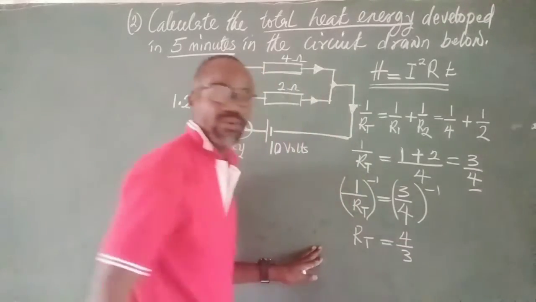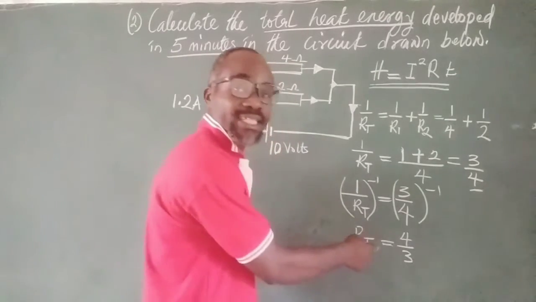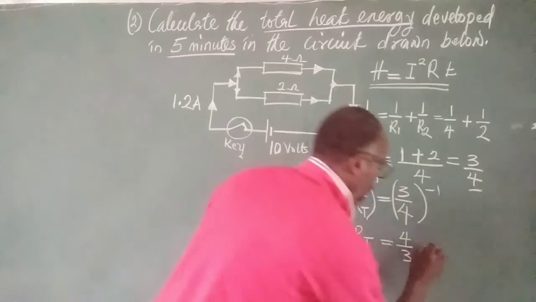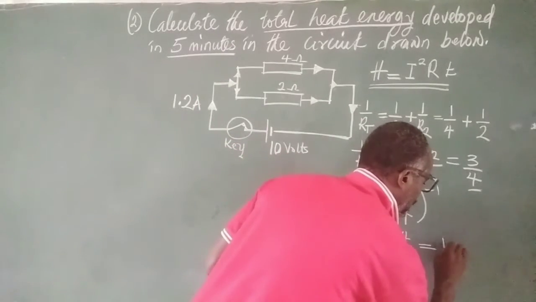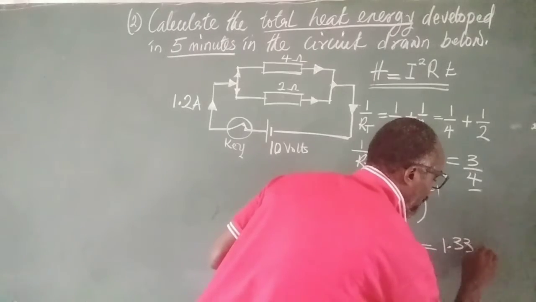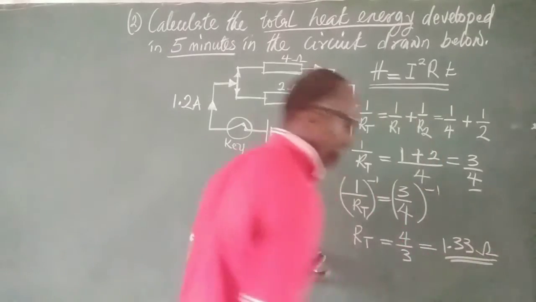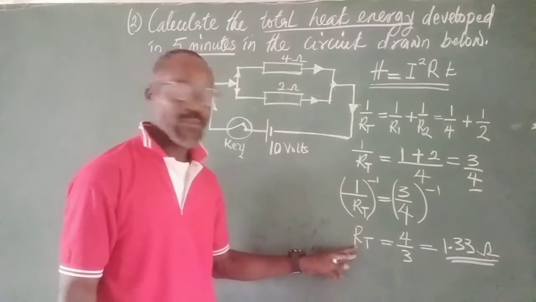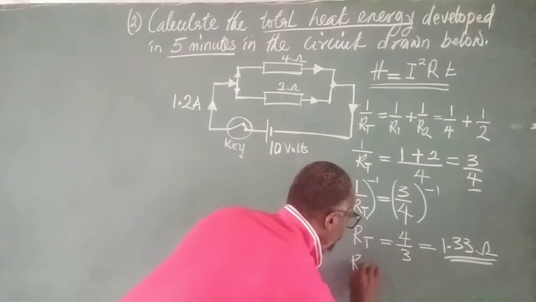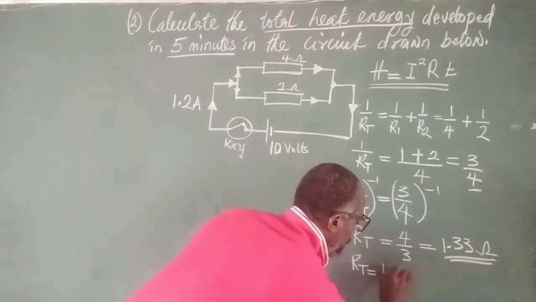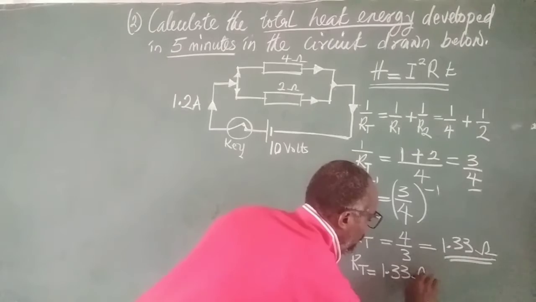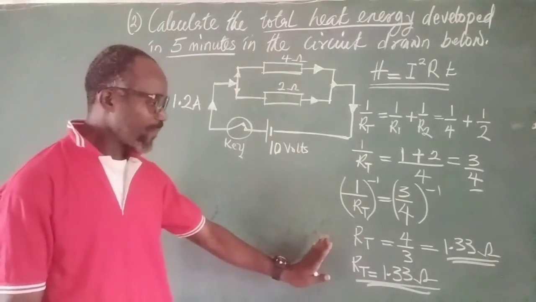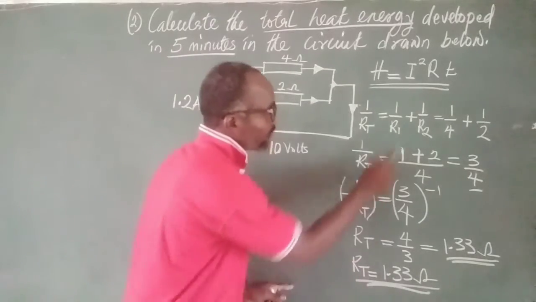If we take the decimal equivalent of this fraction, it becomes 1.33 ohms. So the total resistance RT is equal to 1.33 ohms. Found. This is what we're going to substitute here.